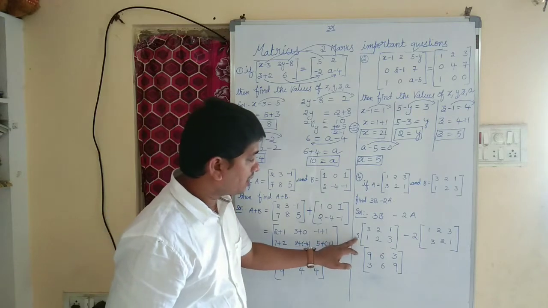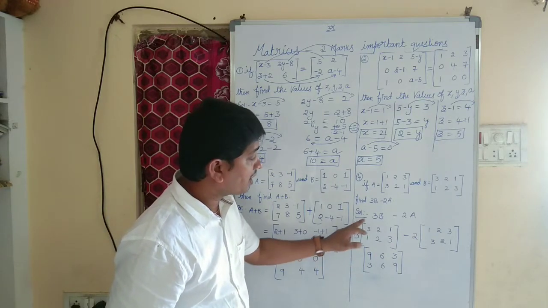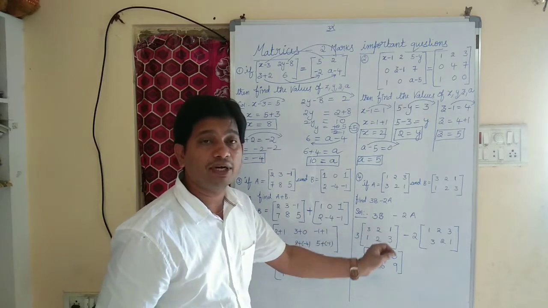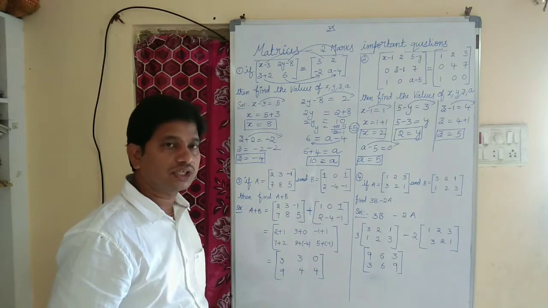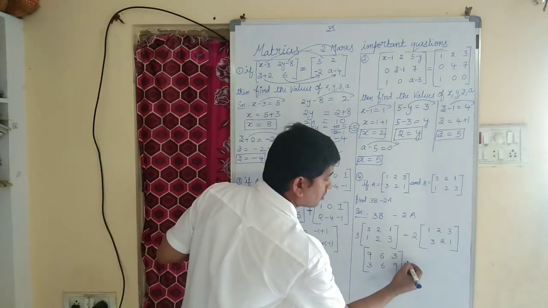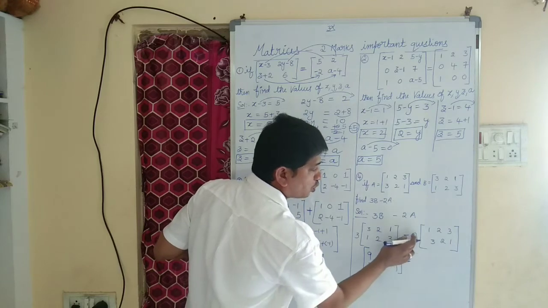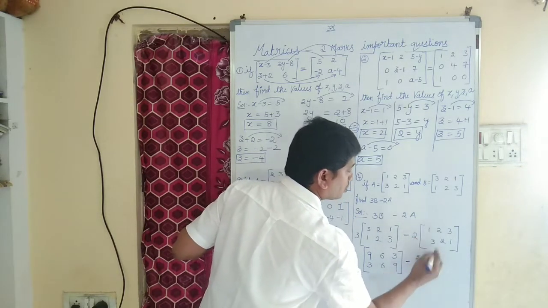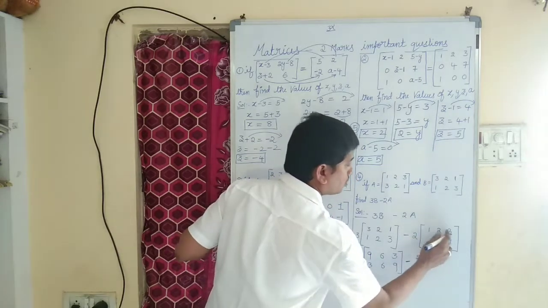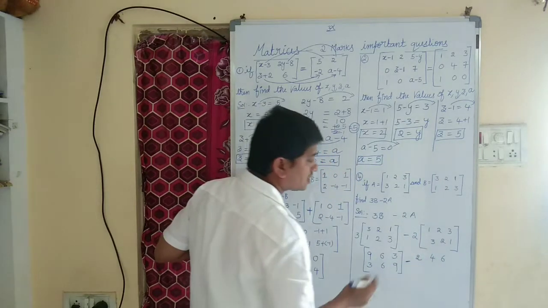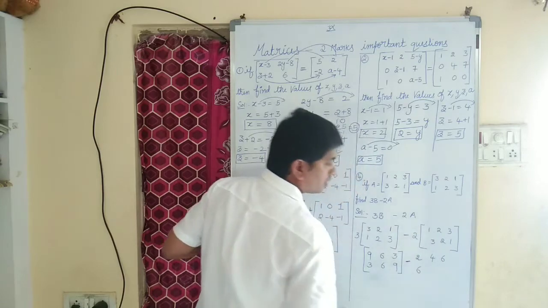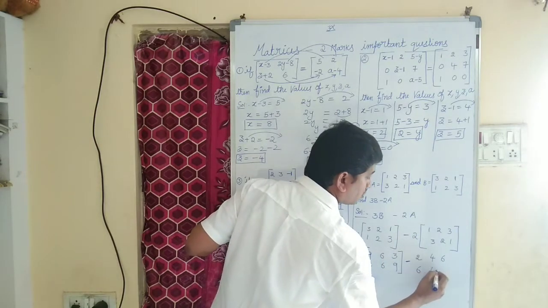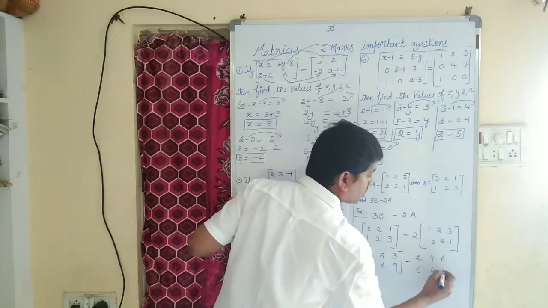So the element 3 should be multiplied to each and every element of the given matrix. Okay children? Minus. Again, children, 2 into 1, 2 ones are 2, 2 into 2, 2 twos are 4, 2 into 3, 2 threes are 6, 2 into 3, 6, 2 into 2, 4, 2 into 1, 2.